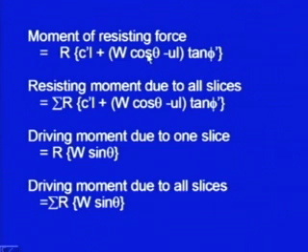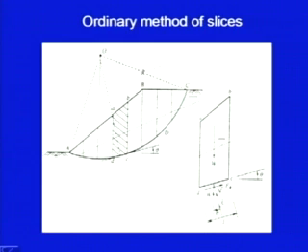And we have to remember that theta will be positive for some cases, theta will be negative for some cases. Here in this case, if you look at these slices on this side, here the theta will be taken as positive, whereas when you go on this side, this theta will be negative.